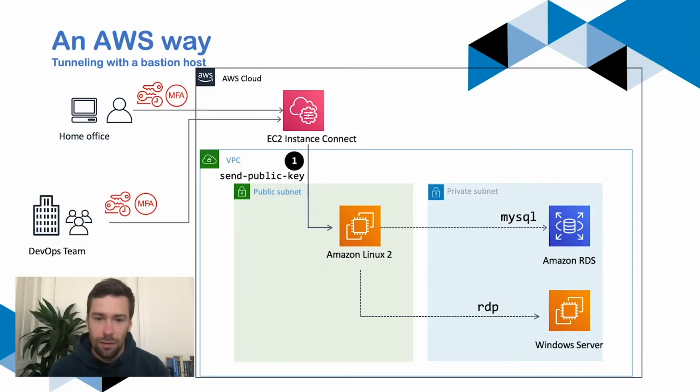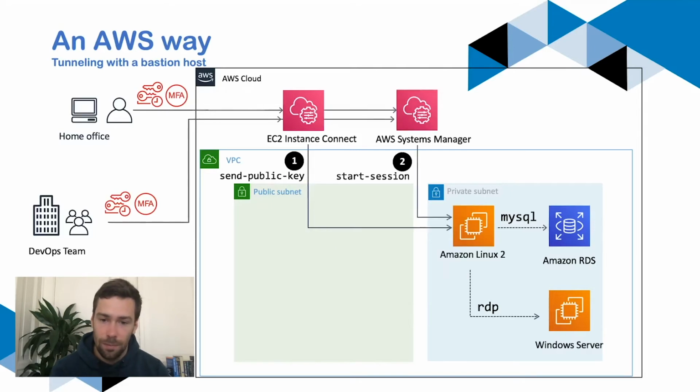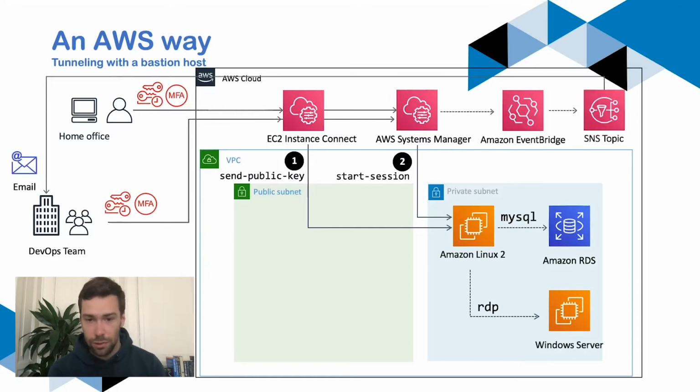Secondly, instead of exposing the SSH port to the internet, we can use AWS Systems Manager, which is able to set up an SSH session even without any inbound internet access to this instance. Both services are integrated with other AWS services like Amazon EventBridge, so you can, for example, send an alert to an administrator when somebody logs into your instance.